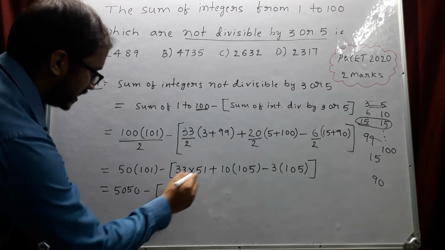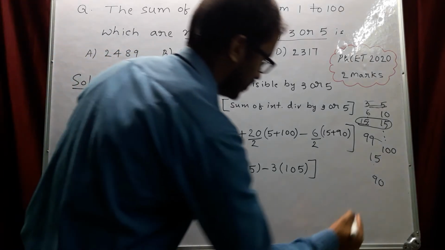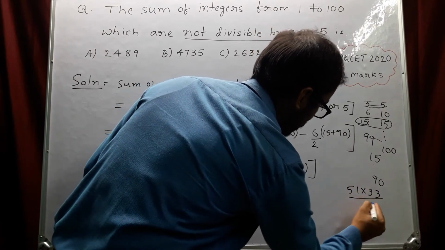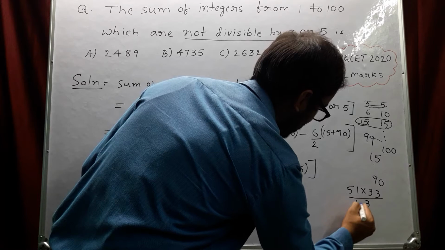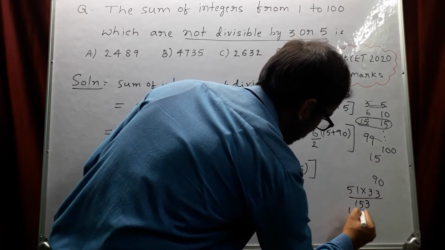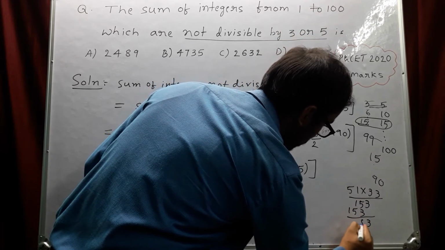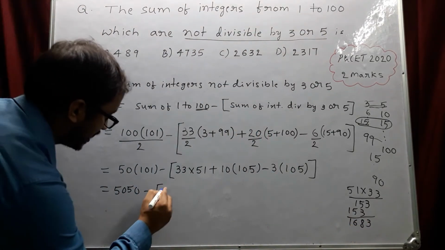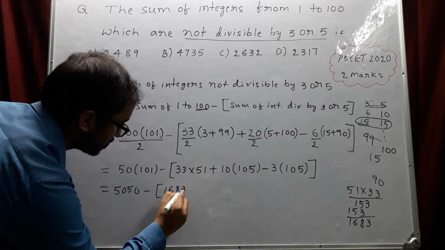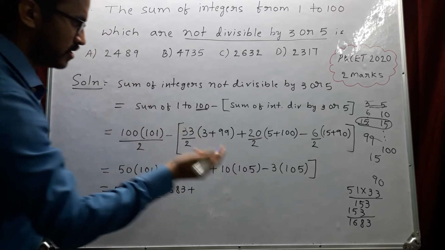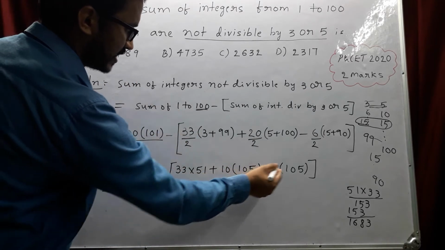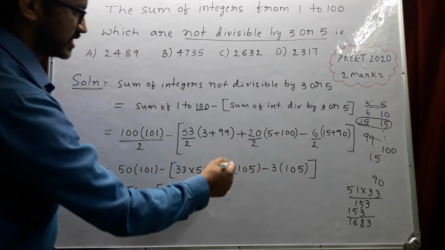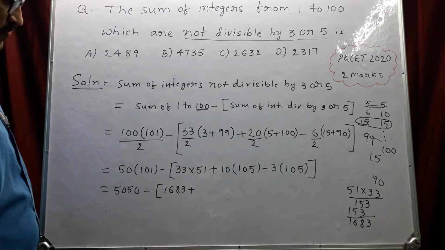So 33 into 51. So what are we going to get? 51 into 33. 3 ones are 3, 3 fives are 15, so 1683. Plus, here we can take 105 common. So 10 minus 3, that is 7 into 105.